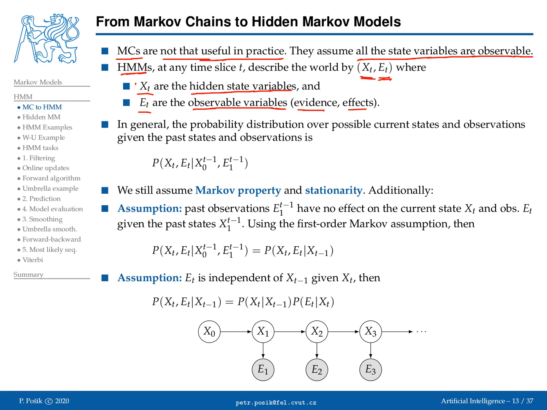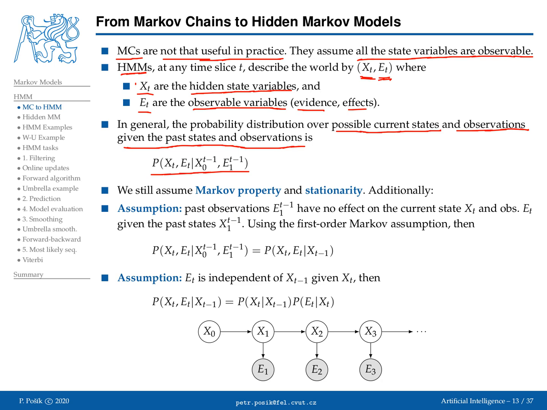In general, the probability distribution over possible current states and observations given the past states and observations can be described using this conditional probability distribution.